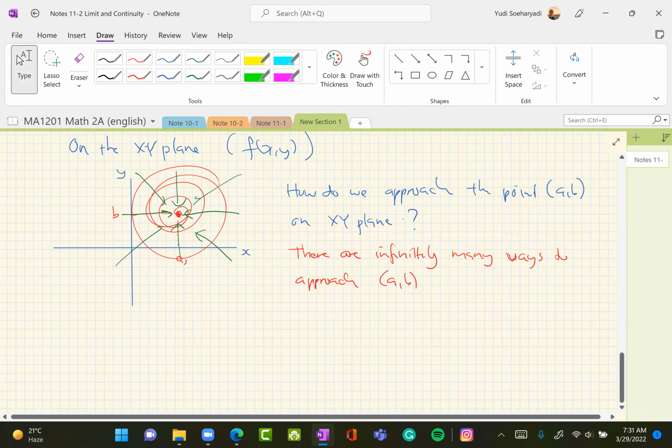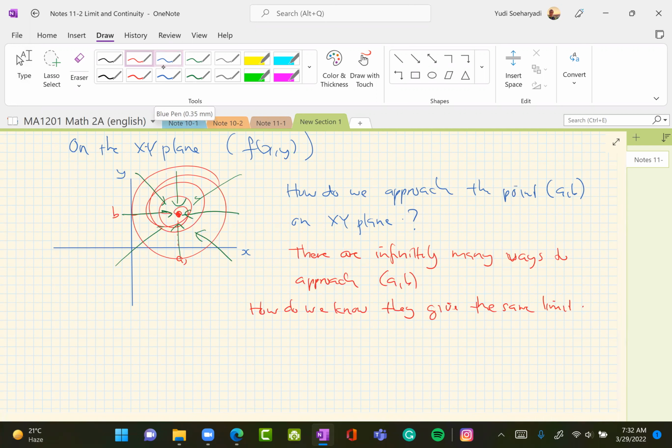So how do we know if they all give you the same limit? This is the basic problem for this example.